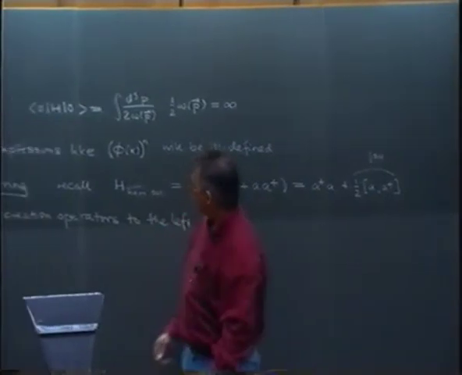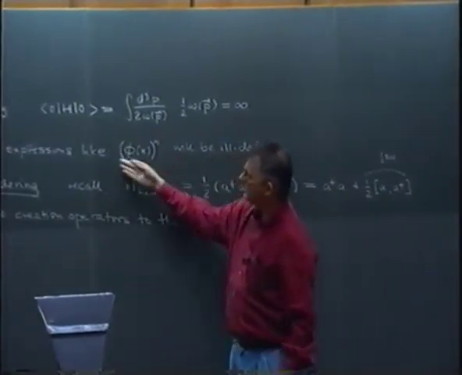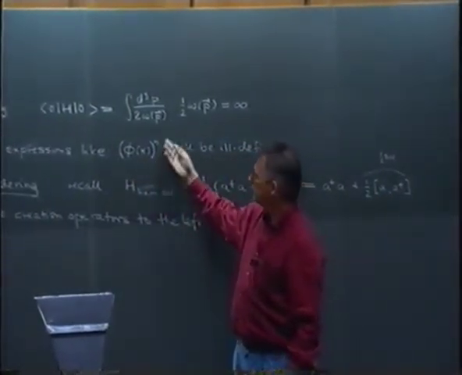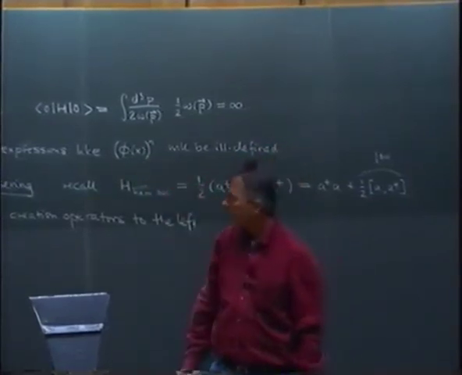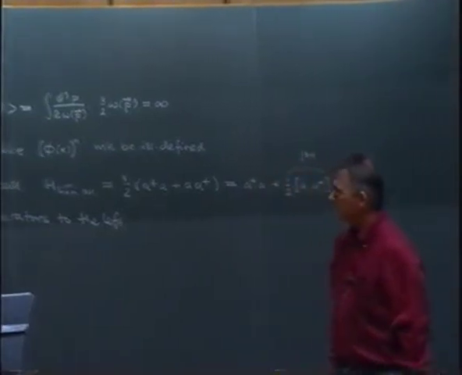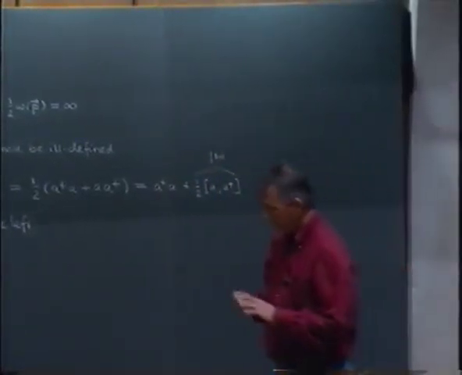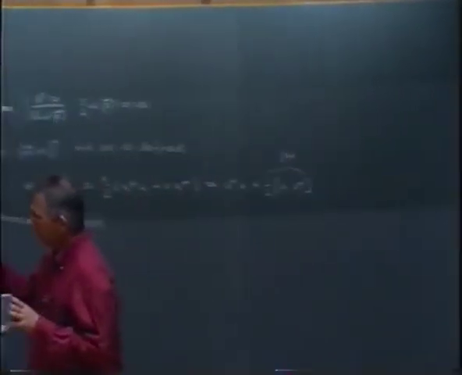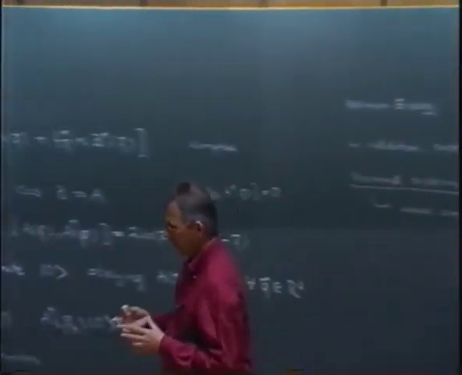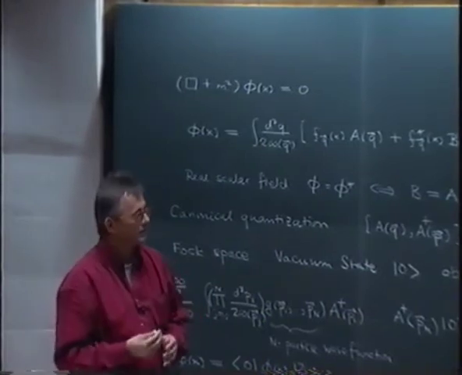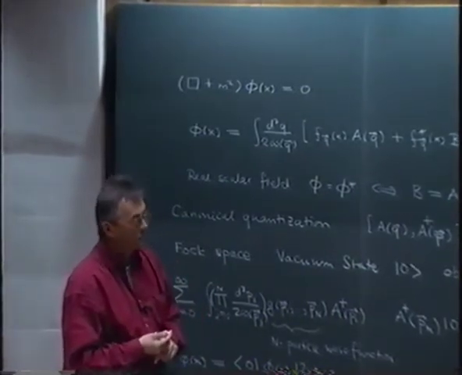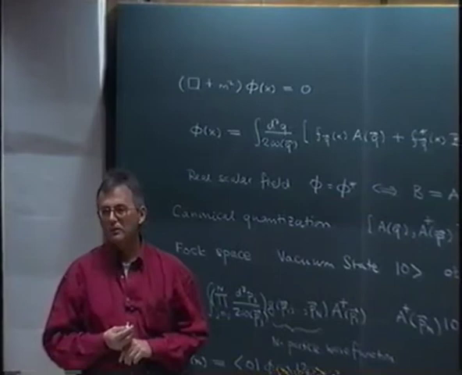But it also gets us rid of divergences when we calculate vacuum expectation values of such operators, and thereby you arrive at something that is well defined. So roughly speaking, in the quantum theory of the free scalar field, we already encounter infinities.